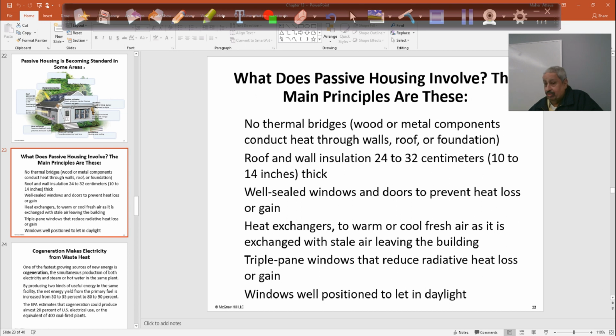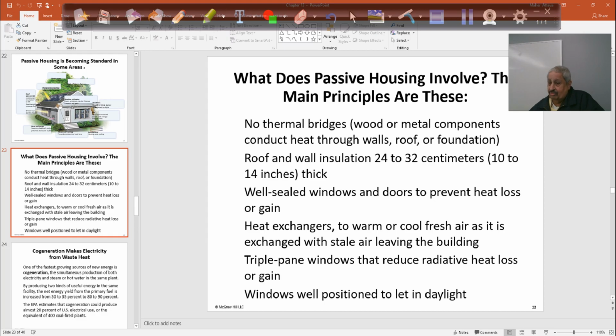Roof and wall insulation, and they give you how thick, 10 to 14 inches. That's like a double layer of wood here for the roof. So they're very thick. Well sealed windows and doors. That's the double or triple layers.